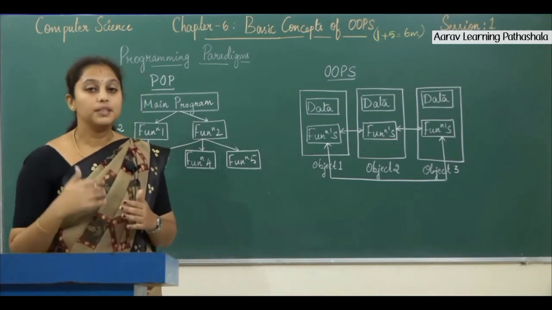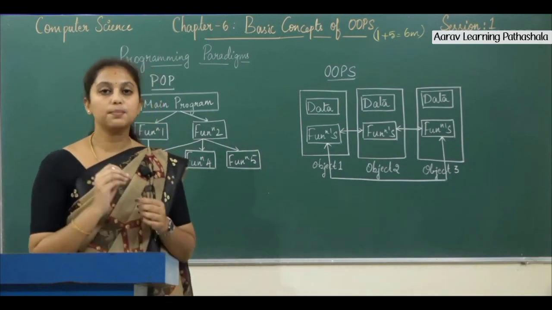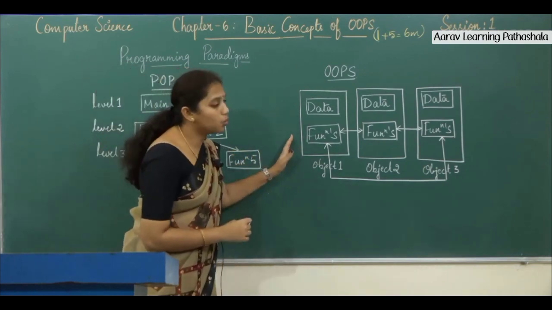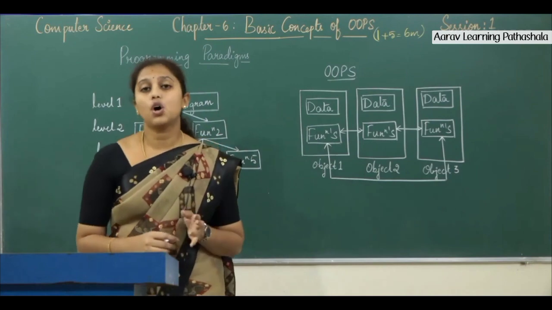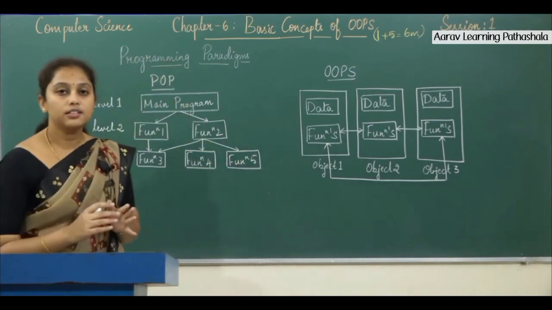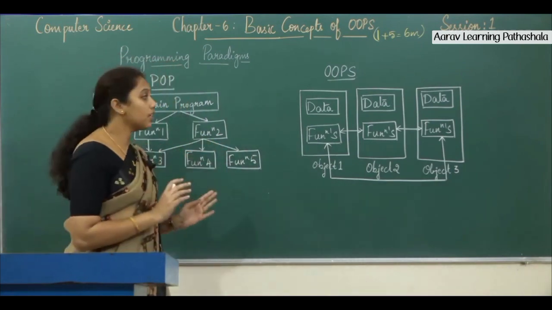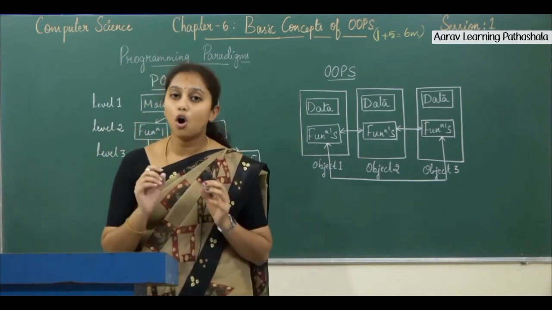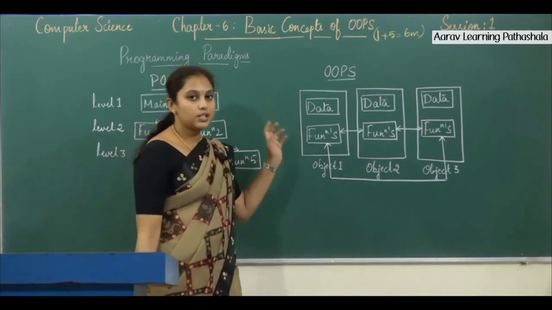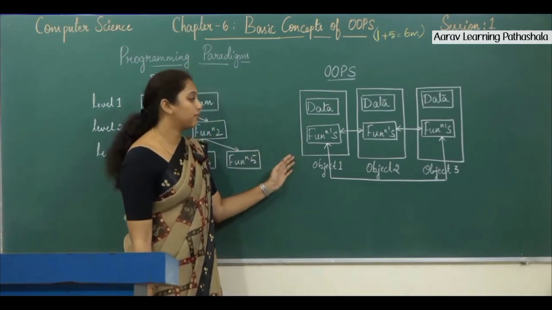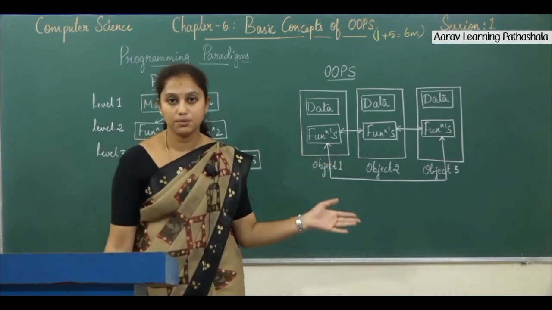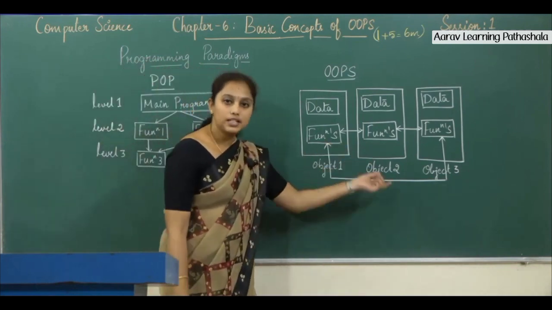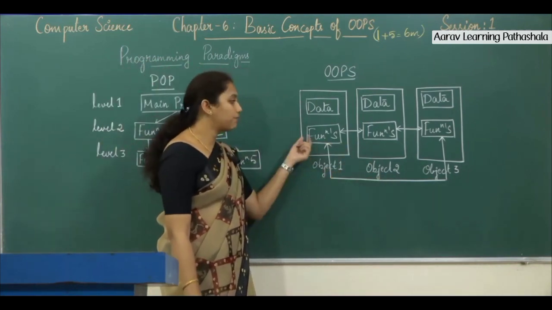So to overcome these drawbacks, the concept called OOPS came into existence. In OOPS, it mainly concentrates on data rather than procedure. In this, programs are divided into a number of entities called objects. Here, data is not openly shared from one object to another object. If one object wants to communicate with another object, we can communicate with the help of functions.